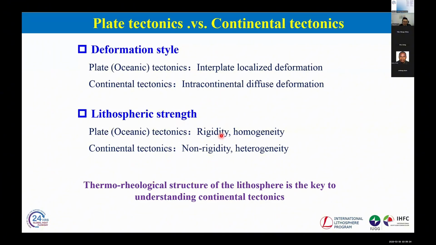The continent is heterogeneous and non-rigid, which means the continental lithosphere is rheologically composed of strong blocks and weak zones such as cratons, rifts, and sedimentary basins. So this is a totally different rheology of the lithosphere. As we can see, the thermal rheological structure of the lithosphere is the key to understanding continental tectonics.